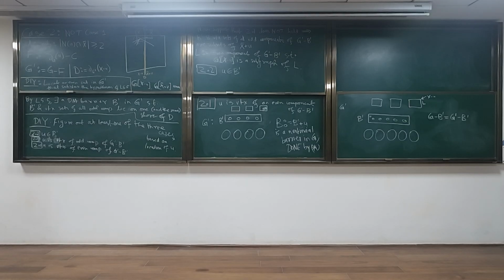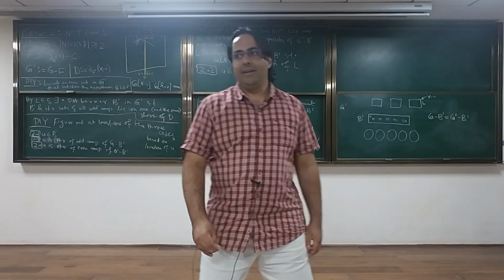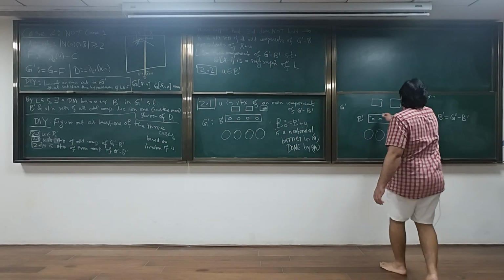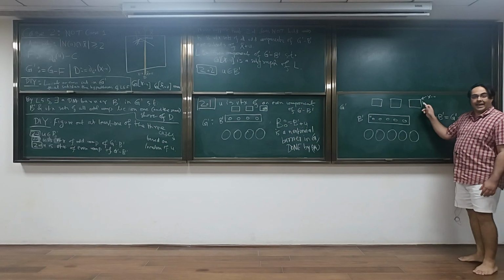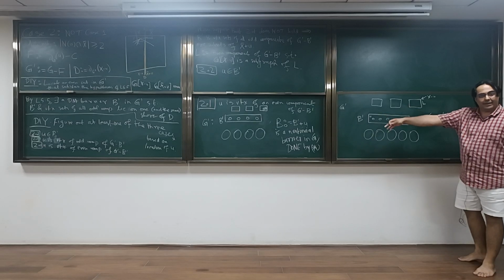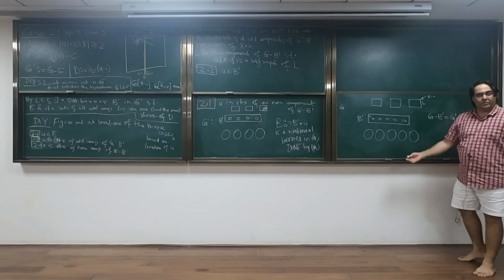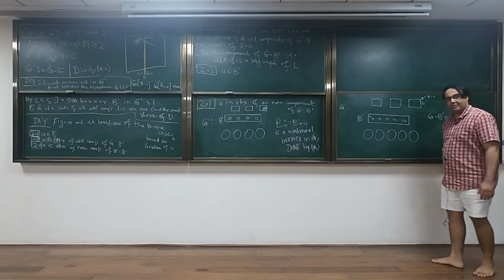Once you get a non-trivial barrier, there's nothing to be done. So in fact, we don't even need to worry about trivial and non-trivial. Because L exists, I can just throw in a vertex and make a non-trivial barrier. So why do I even need to have two cases? We'll have only one case.